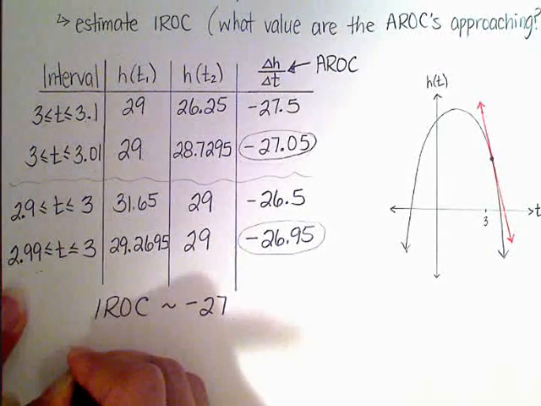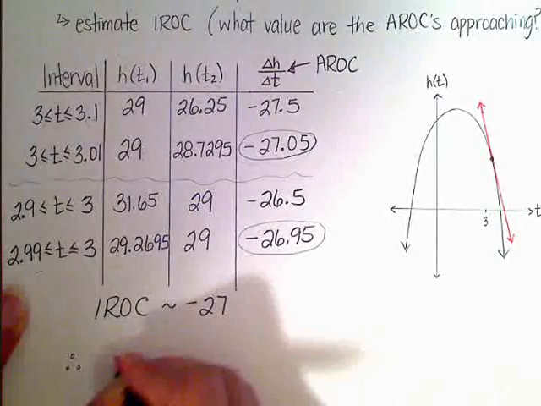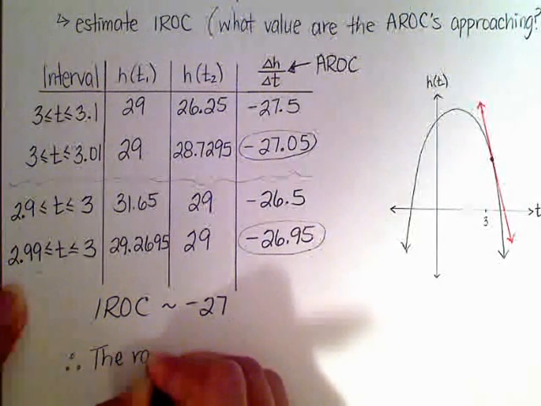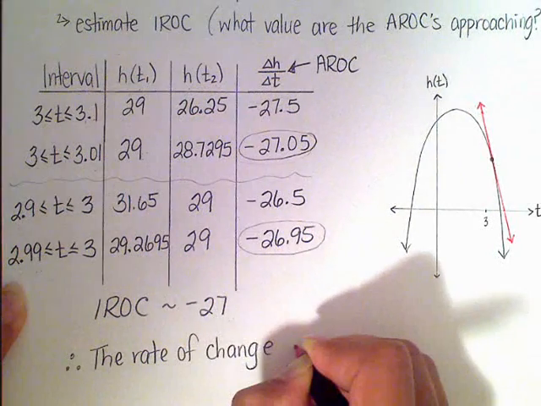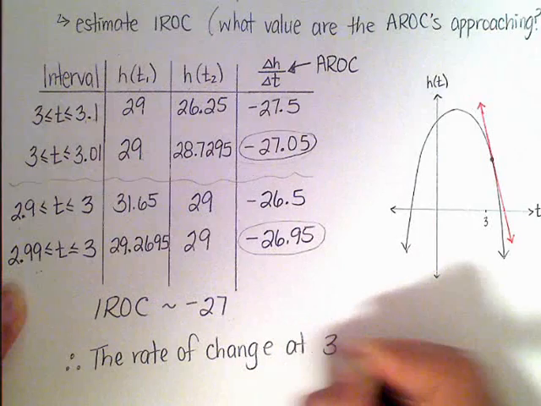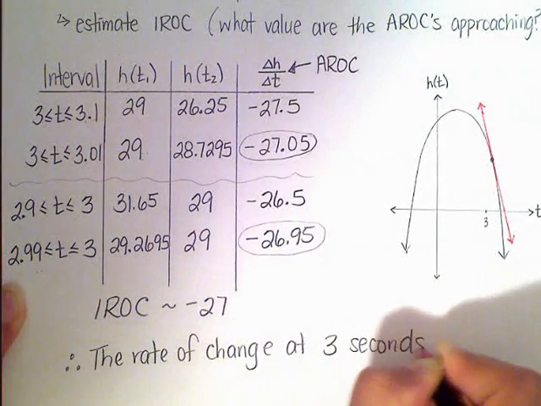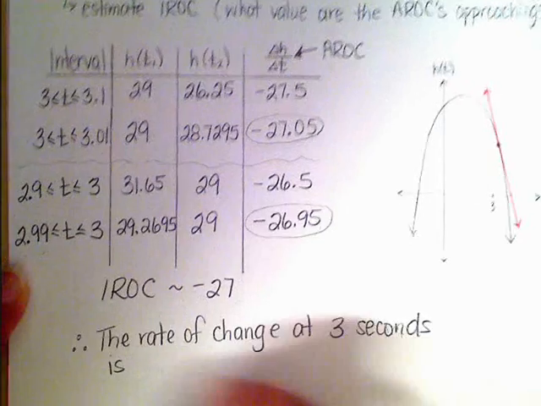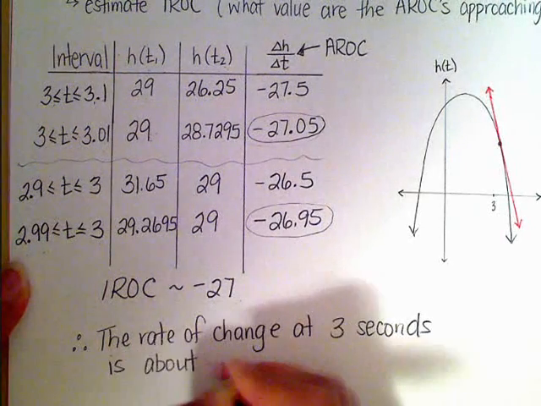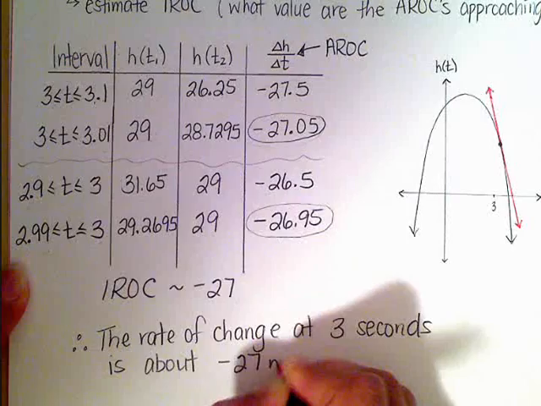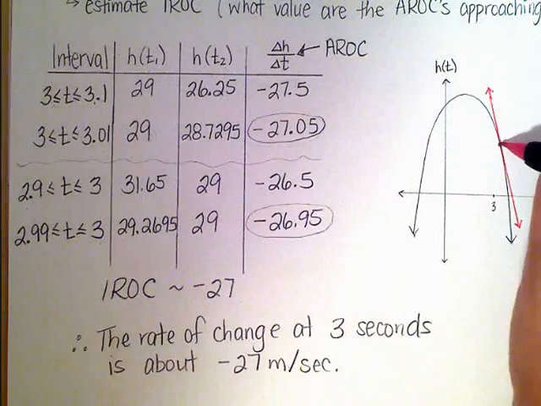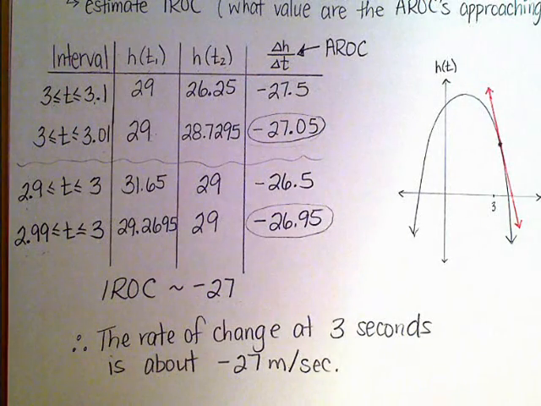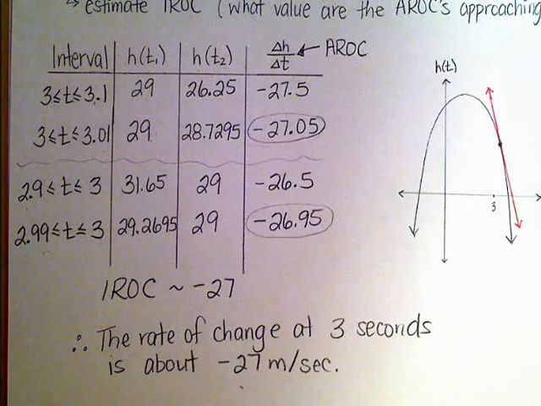So therefore, to answer the question, the rate of change at 3 seconds is about negative 27 meters per second. Okay, so that means that at that particular instant, the height of the object is decreasing 27 meters in 1 second. Okay, and that's how you calculate instantaneous rate of change.